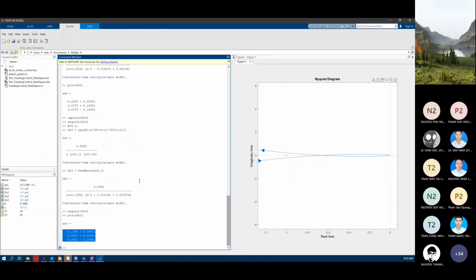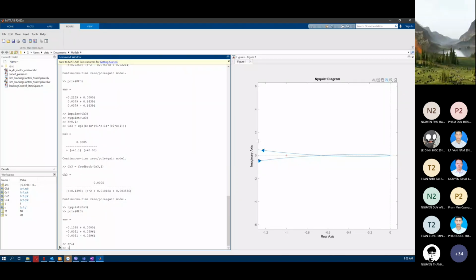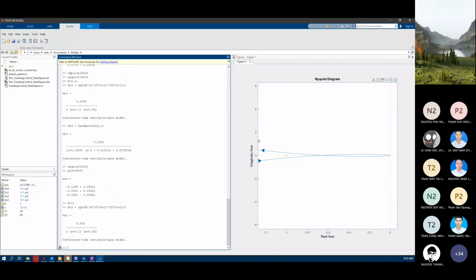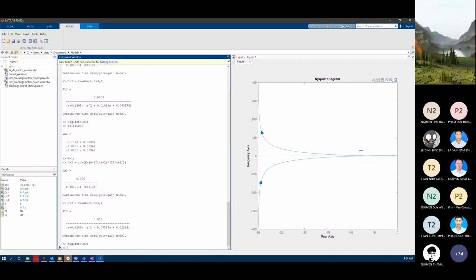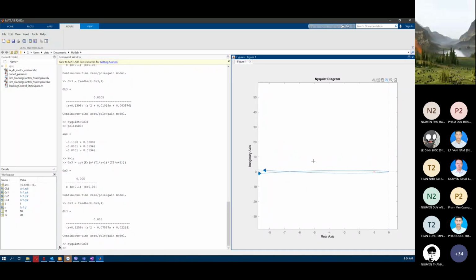Okay, before, I made a mistake here. When k equal to 1, we have the system here, G(s)3 and G(k)3 and Nyquist here. The system encircles the point -1 once.